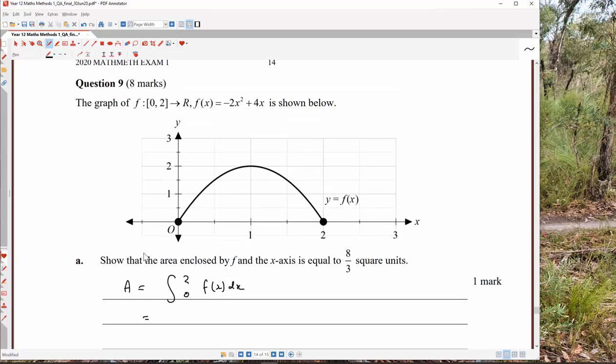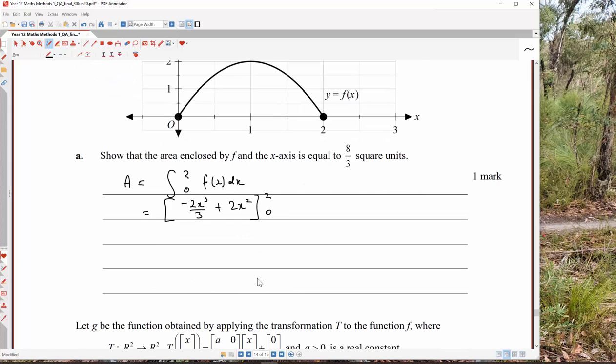Now that is going to be an antiderivative. 2 cubed is 8, so negative 16 on 3 plus, take away 0.